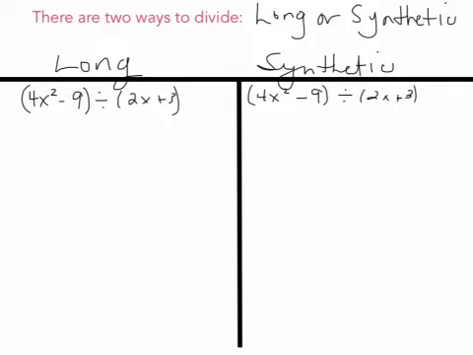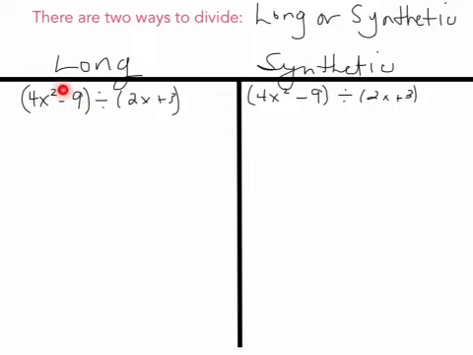Okay, so let's start over here with the long division. One of the things that you're going to need to remember is whatever polynomial that we have here at the front, so this divided by that. So this right here, we're going to need to represent every x piece in here. So this has 4x squared. It doesn't have an x value, right? It does have a number 9. So we're missing that middle piece.